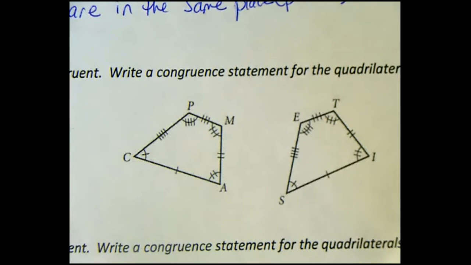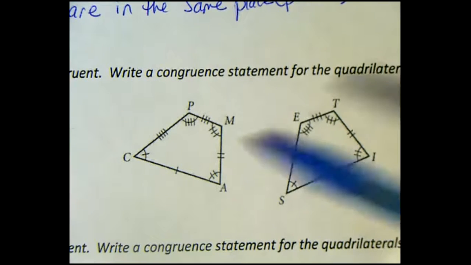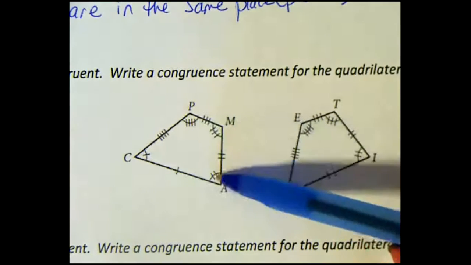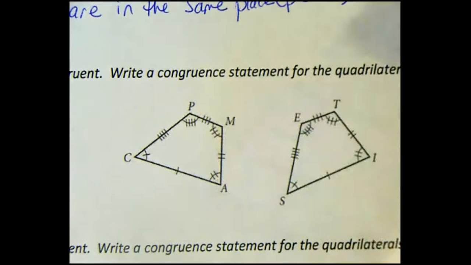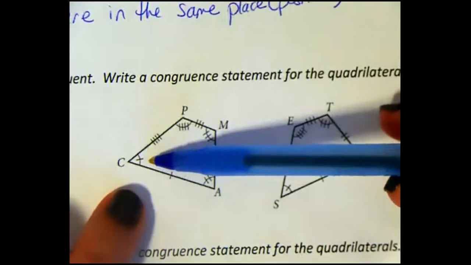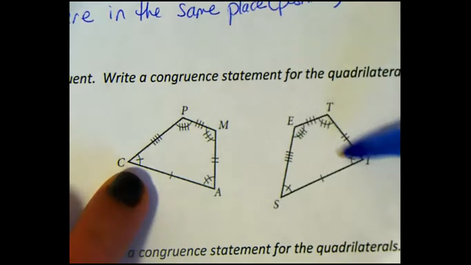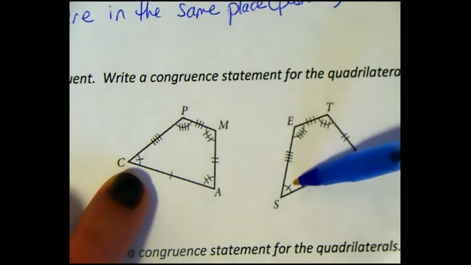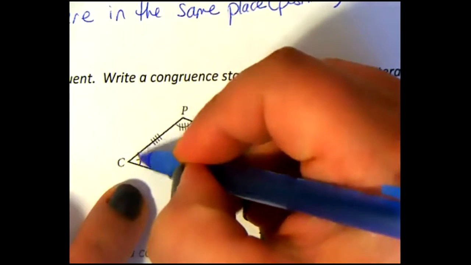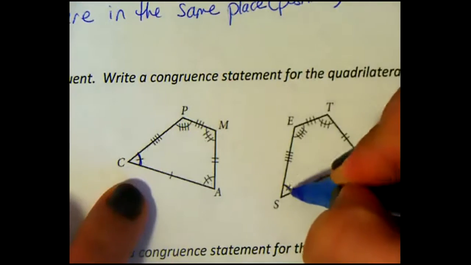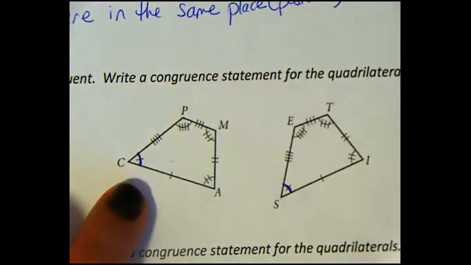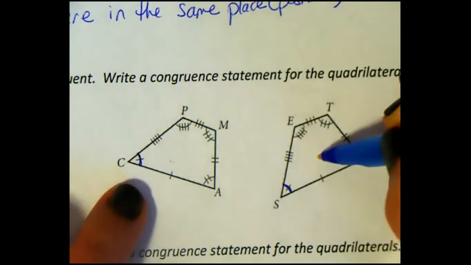When writing congruent statements for congruent figures, it's important to match up the congruent vertices. So for example here, angle C in this figure is congruent to angle S in this figure. So if I write angle C first for this quadrilateral's name, I have to write angle S first in this quadrilateral.